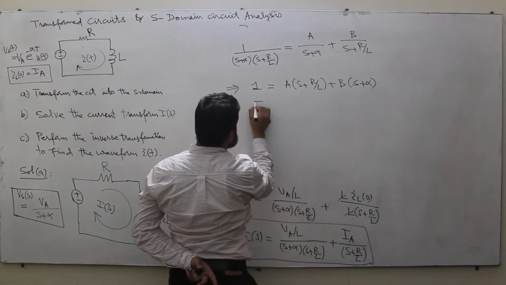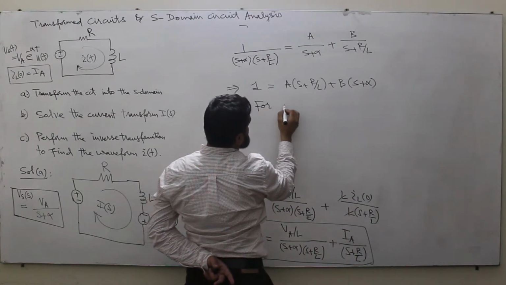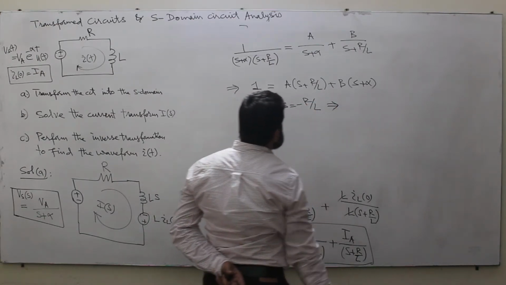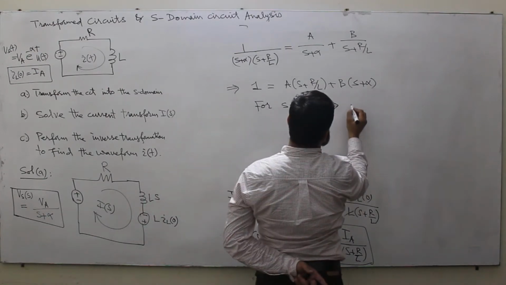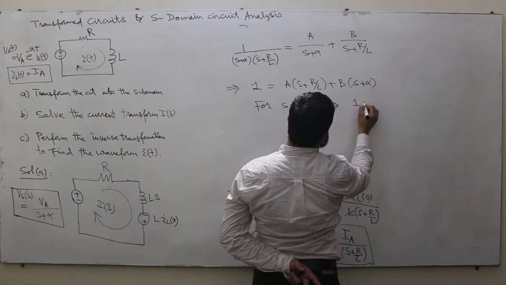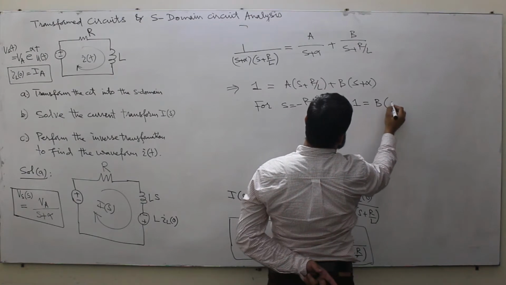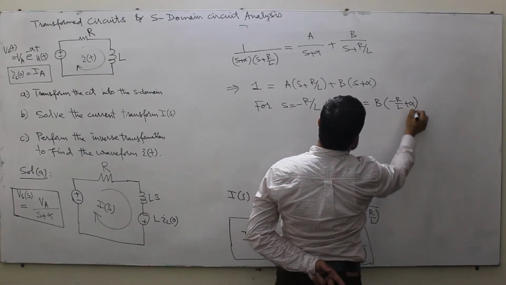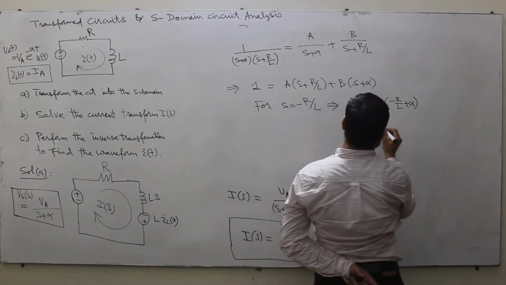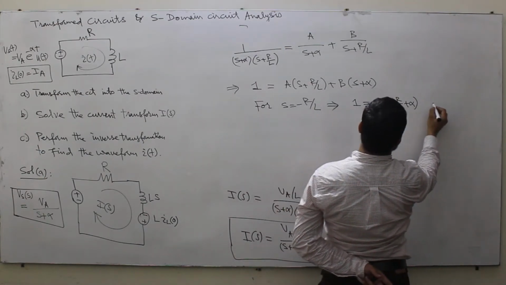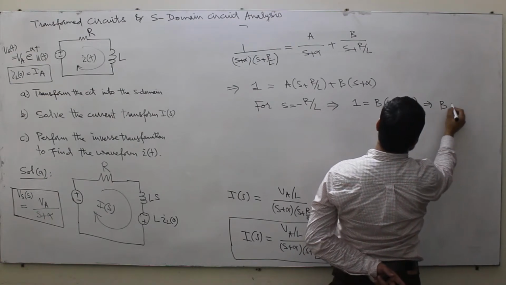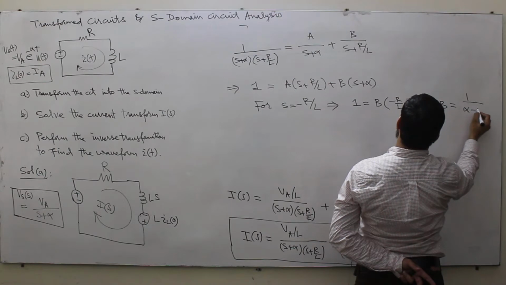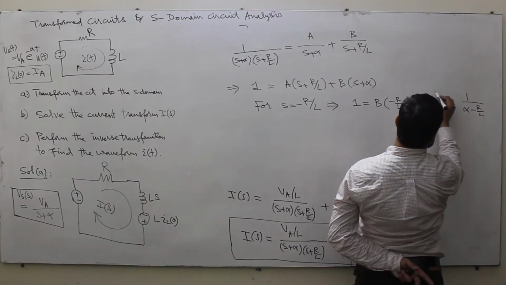So for S is equal to minus R over L, we will get 1 is equal to B into minus R over L plus alpha. So B is equal to 1 over alpha minus R over L.